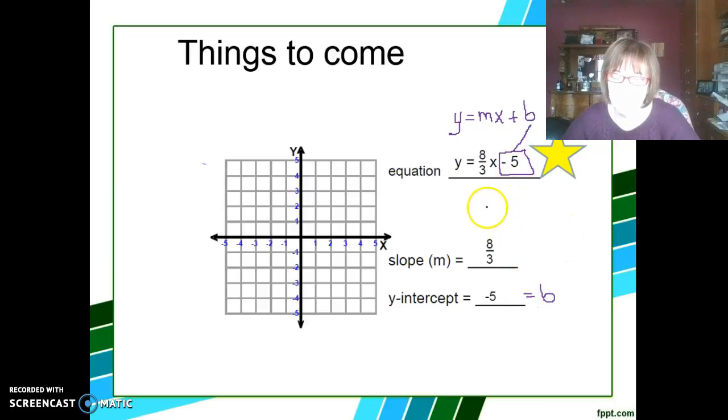Okay, that's different ways we can call it. And our slope is always the number in front of the x in this equation. Okay, that is our slope, which is also what I listed down here. So you're going to see this on some of the worksheets. I don't ask you to pull that off of there, but I wanted you to be aware of what it is and why it's there.